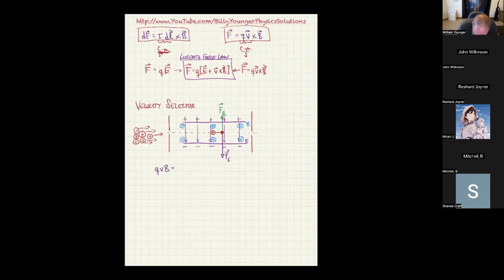And that's got to be equal to Q times E. With that, you can see the Q's cancel out, and what you get is V is just equal to E over B. So that's how you make a velocity selector.